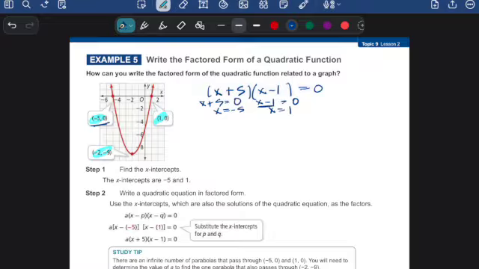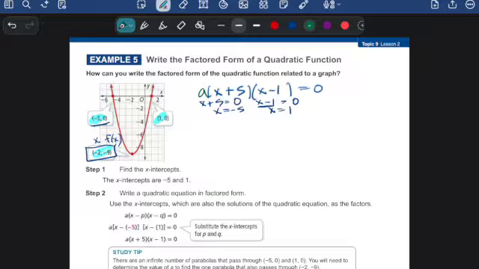But how did we get the vertex? What does this information tell us? Well, we can use this as an x value and an f of x value and plug that in to solve for a, because there could be some coefficient out there that we would have in our equation.